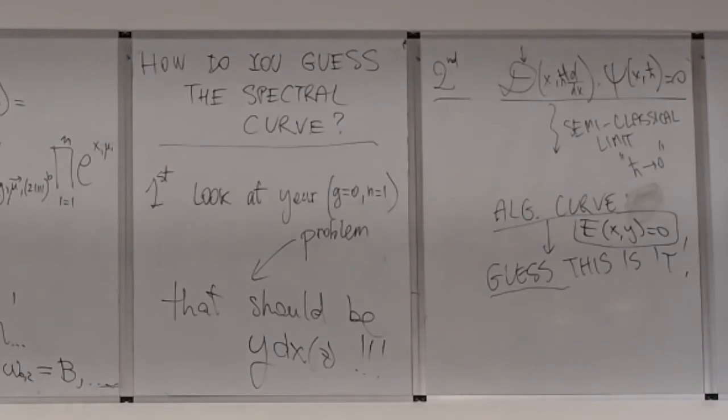But in all the enumerative problems I'm aware of, this is always good. Like when you dequantize the quantum curve, you always find a spectral curve.